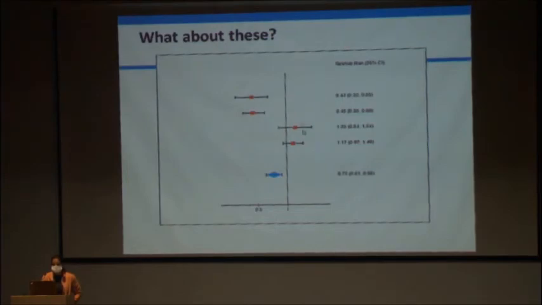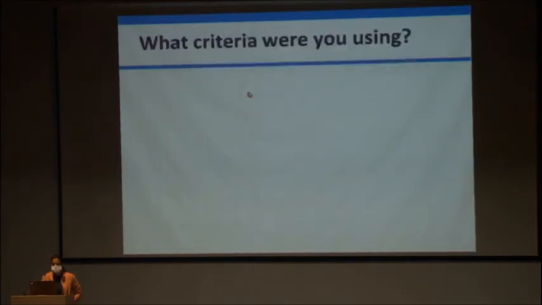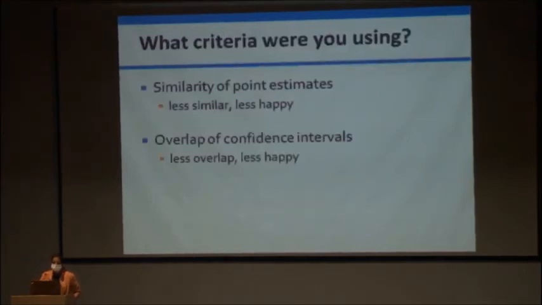But you can't say that here because the point estimates are quite far away. So the first criteria is how close are the point estimates. And the second criteria is what I was just talking about with that skewer that's running through the confidence intervals. That's the overlap of the confidence intervals. So those are basically the two criteria that are used to assess consistency.